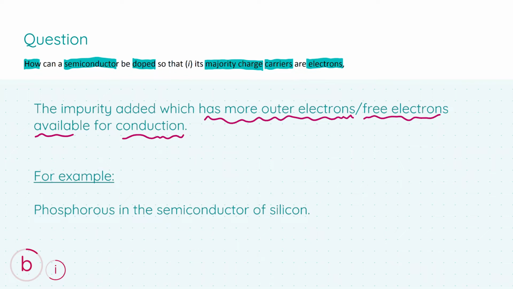Now, this particular type of doping makes the semiconductor into a so-called N-type semiconductor. Okay, so I've given a small definition and an example. However, either the example or the definition will get you your marks, so I'd always put an example in anyway. If your definition goes a little bit askew, you'll get marks for the example. And the total marks for this part is 3.